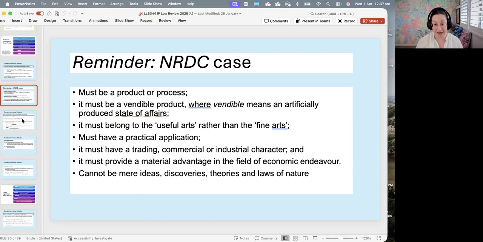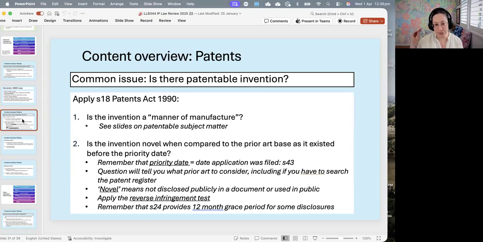So if a person has a manner of manufacture, a patentable subject matter, they then must go through the rest of Section 18 to show that their invention is actually patentable, because there are rules about what you can and can't patent based mostly on whether the invention is actually new or not.